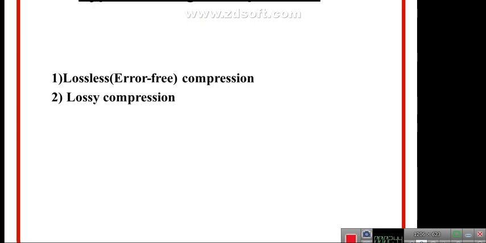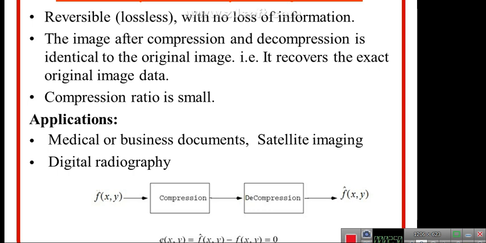There are two types of image compression: lossless error-free compression and lossy compression. Lossless error-free compression is reversible with no loss of information, and the image after compression and decompression is identical to the original image, because lossless means no loss.